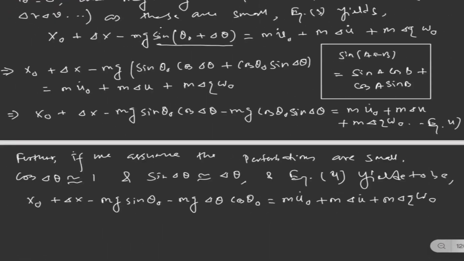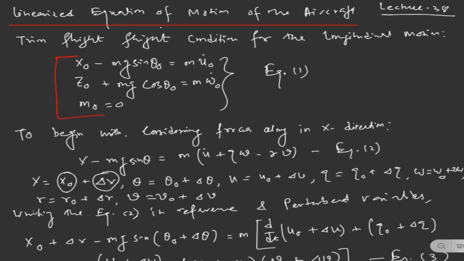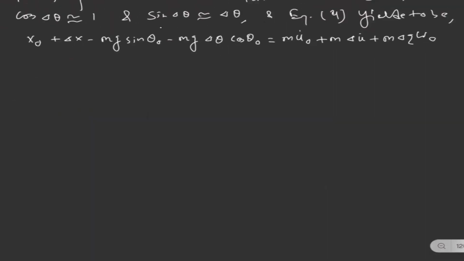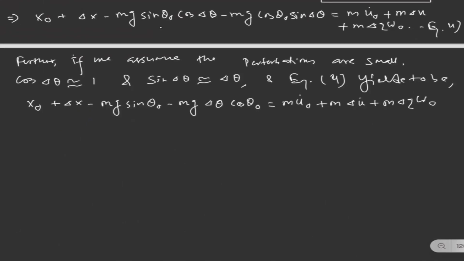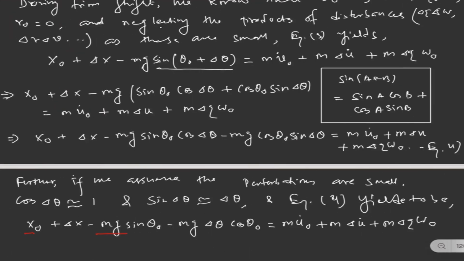So if you notice here, x naught minus mg sine theta naught is actually mu naught dot. So we can replace this expression, x naught minus mg sine theta naught, by mu naught dot.